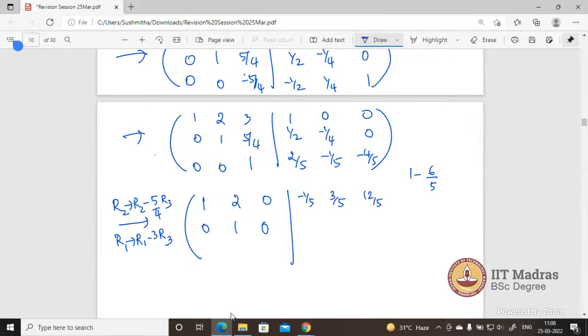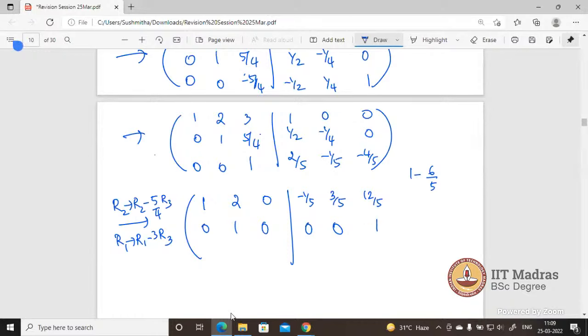This also becomes 0 now. 1 half minus 4, 5 fourths of 2 by 5, yes, it becomes 0. Then minus 1 by 4 plus 1 by 4, 0 again. And then minus 1, plus 1, yes, sorry, plus 1.